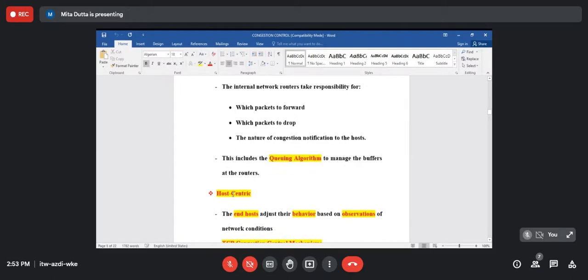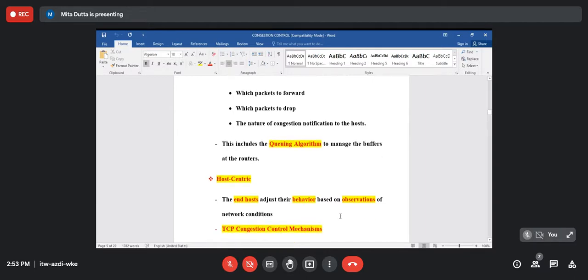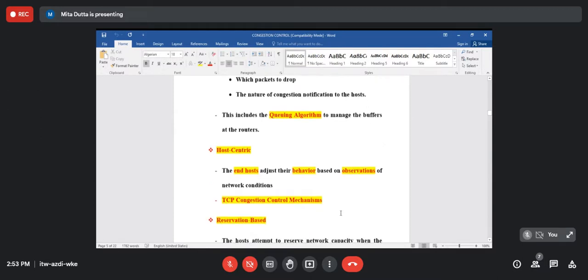Now, host centric. Host means the sending end and the receiving end. The end host will make a decision on how it will take care of congestion, and this can be done by observing the network condition.